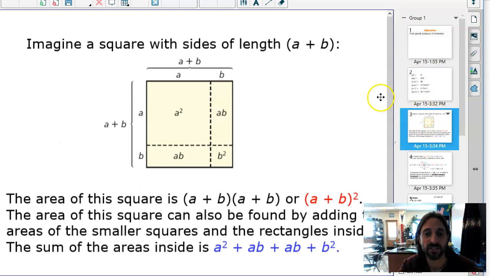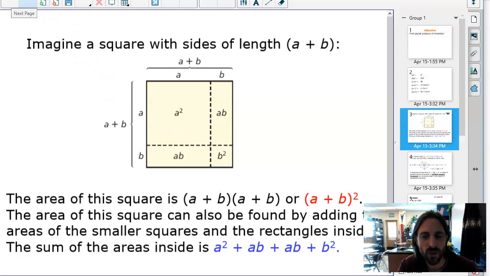Imagine a square with sides of a plus b. So here's a and here's b, and you're adding them together to figure out the area of all of it. What you're really doing is saying, well, a times a is a squared, and a times b is ab, and b times a is ab, and b times b is b squared. And you're going to combine all 4 of these, right?